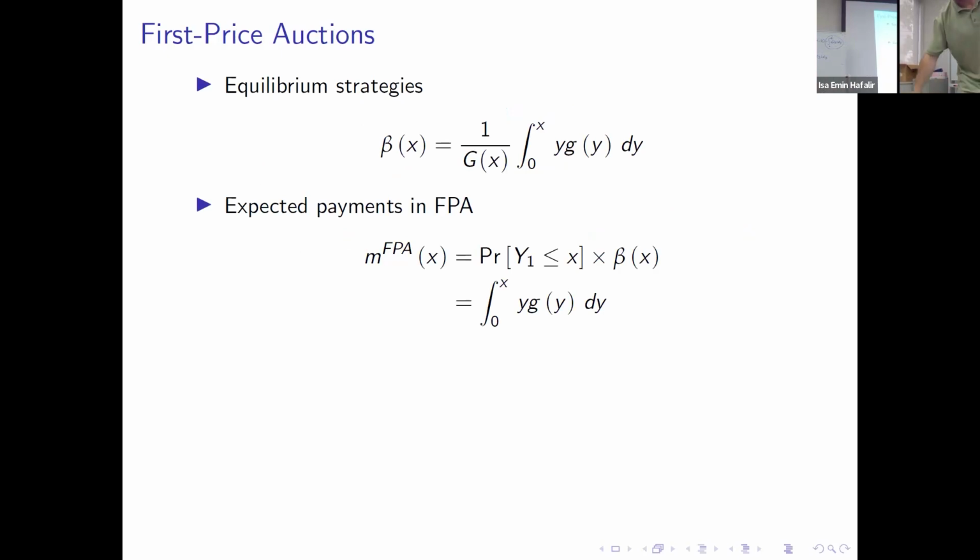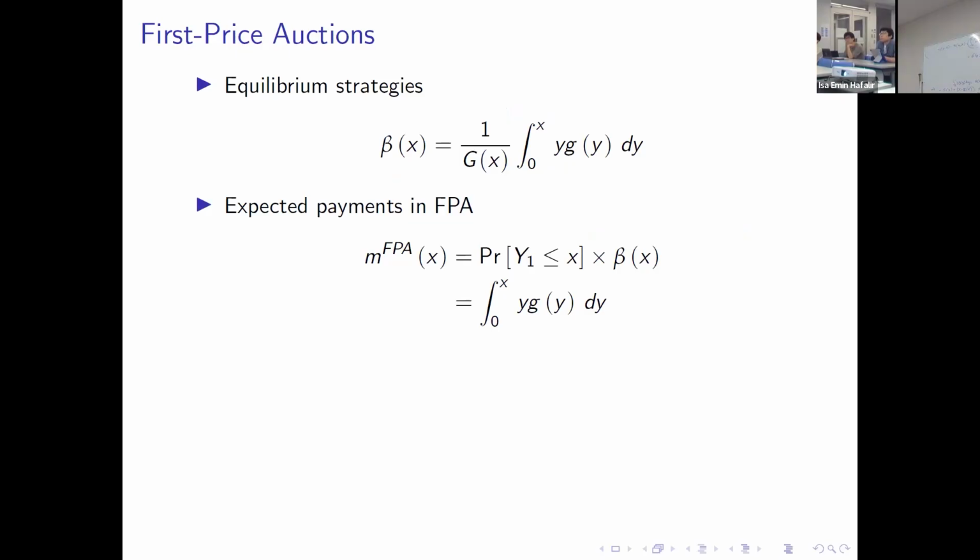Okay. And so, expected payments. I erased the interim expected payment expression for a second price auction, right? But as you can see, the interim expected payment in a first price auction will also be the same. So what is my probability of winning?